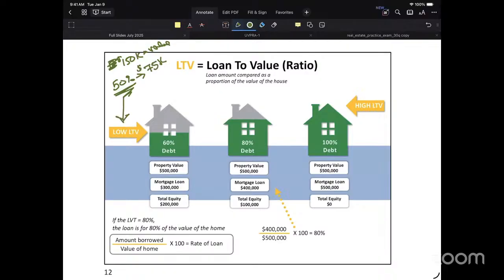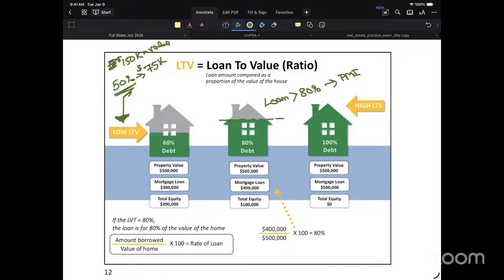50% is a lower number. It's a low LTV, right? Sometimes a high LTV, low LTV gets confusing. But it's 80%. The idea here is if you need to borrow more than 80%, if the loan is greater than 80%, when you have to borrow more than this line right here, then we're going to make you pay PMI, private mortgage insurance.